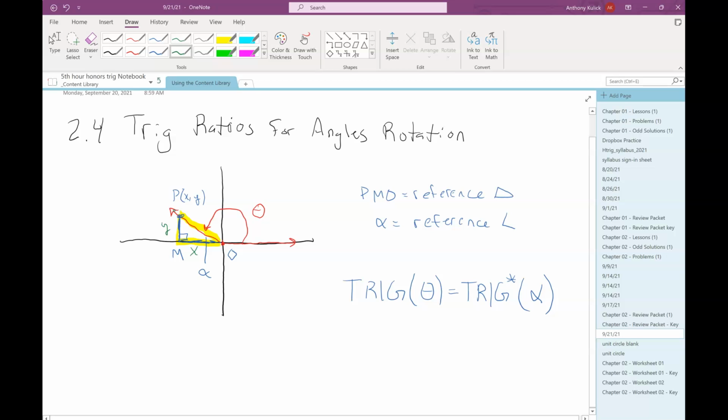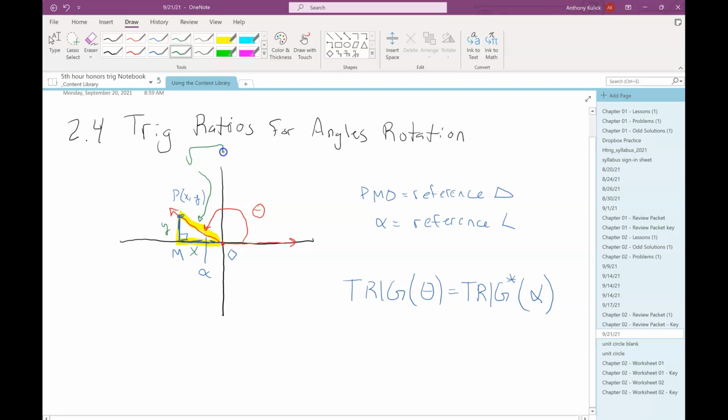So how can we figure out the length for PO then? It's a right triangle, isn't it? So I can use the Pythagorean theorem that I know the hypotenuse squared is equal to the sum of the legs squared.